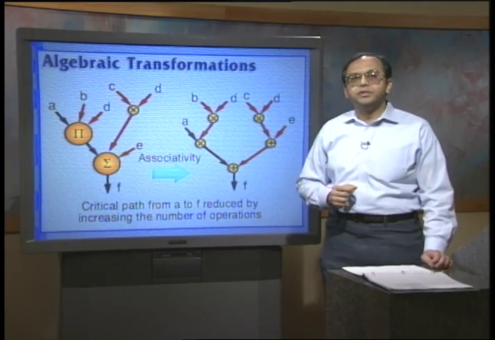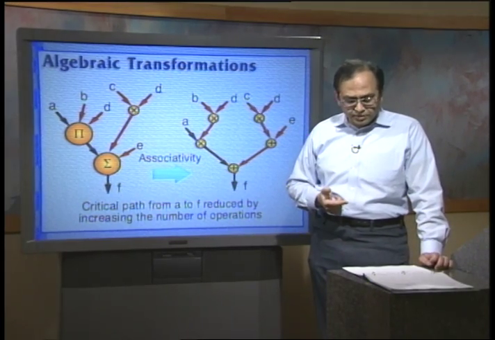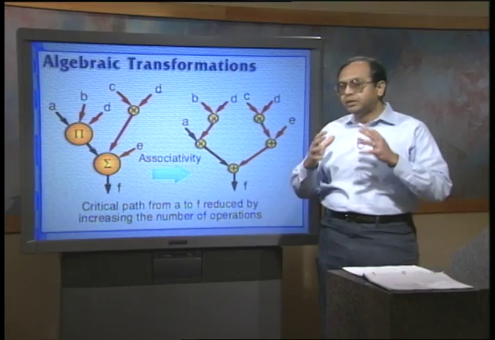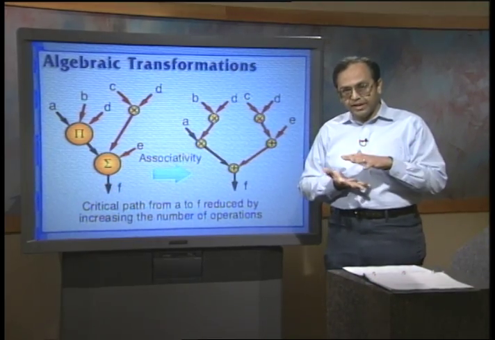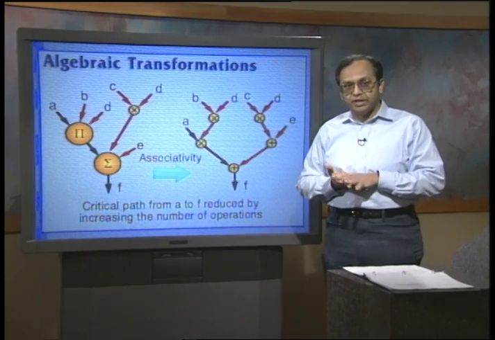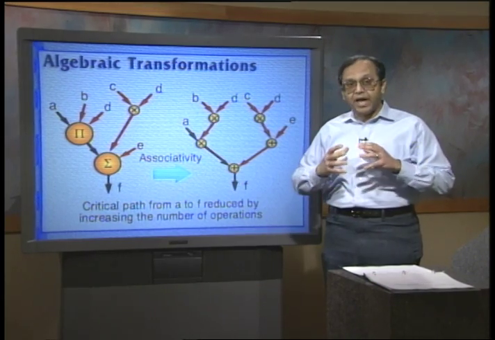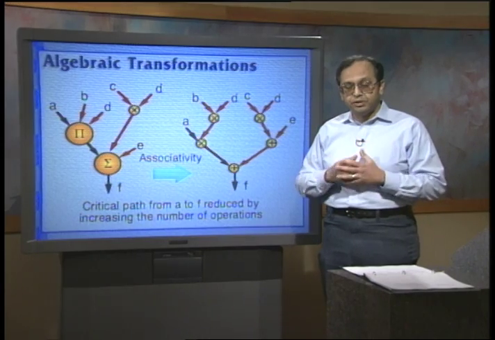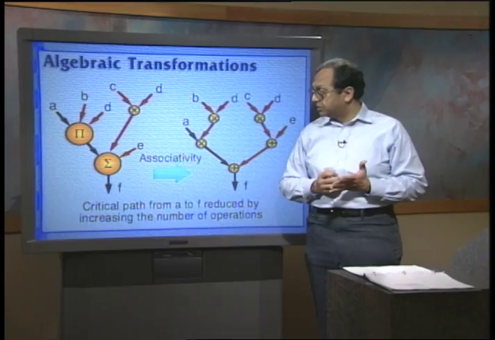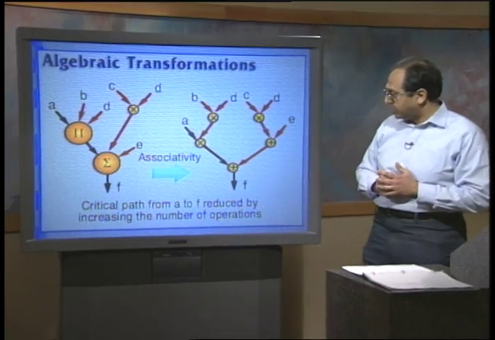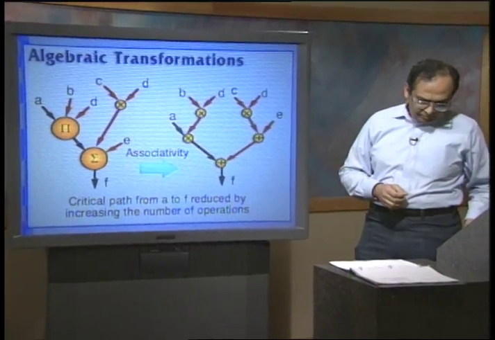And this is a phenomenon that we will see quite often, namely in the process of trying to make the depth of the computation graph less, namely make the critical path length less, we will actually add computation to it, increase the total amount of computation. And to a certain extent, this works out to be a winning strategy.